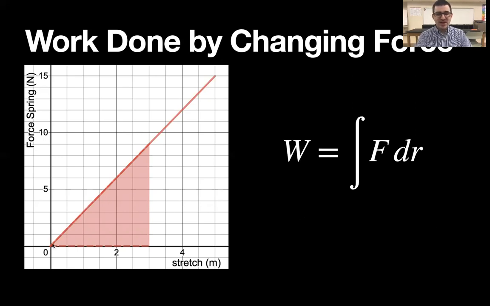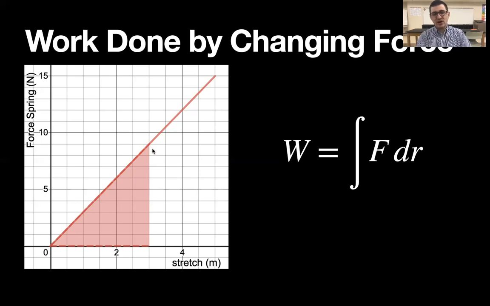And you'll notice that the area now is not just a length times width, because if we multiplied 9 newtons times 3 meters, we would get the wrong work done by me pulling on this spring. It's not 9 times 3, it's 1/2 times base times height. It's 1/2 times 9 times 3, which feeds right into our elastic potential energy formula, which is 1/2 times the force times the stretch, or 1/2 k times the stretch squared.